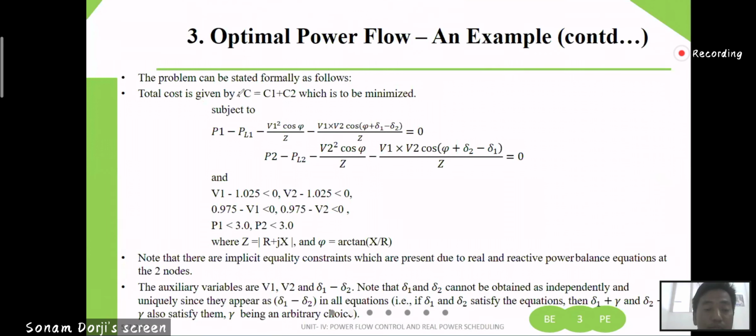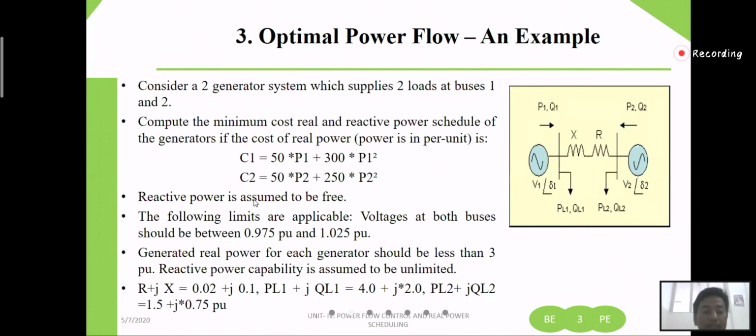So in such a case you have to form the equation C equal to C1 plus C2. C1 and C2 are already given in the equation, and this has to be minimized. But when you minimize, you have to fulfill certain conditions given in the question. So what are the conditions given? Read very carefully. Real and reactive power is assumed to be free.